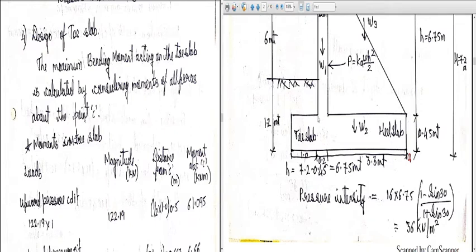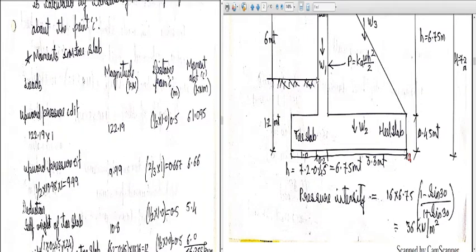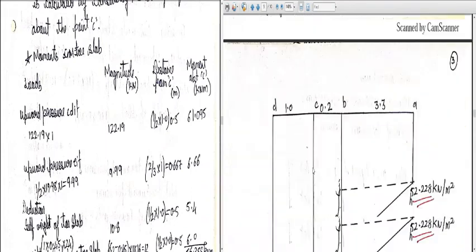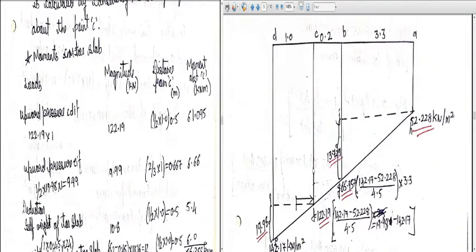So from the pressure distribution diagram, for the toe slab I will consider the section C, D, E and F.